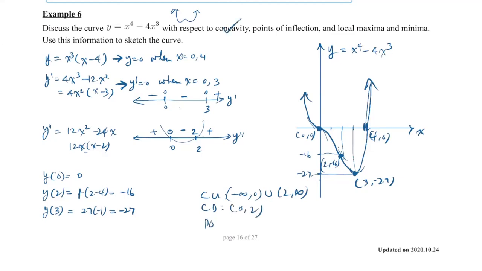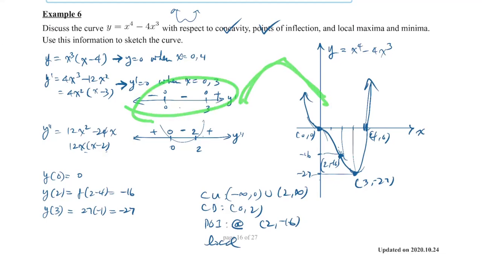And the point of inflection occurs at 2, negative 16. Check. Local maxima: there's no local max. In order for it to have a max, my slope has to go up and come down, positive to negative. That didn't happen. So local max is none.